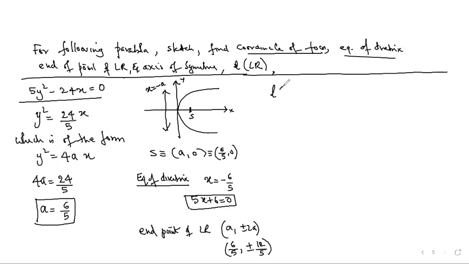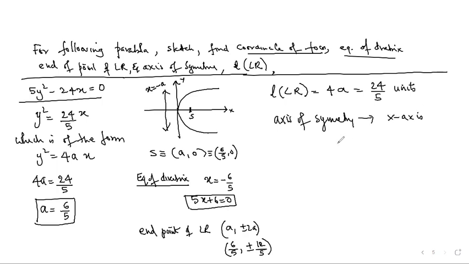Then length of the latus rectum, which is 4 times a, which is nothing but this coefficient, 24 by 5. Then units. Then axis of symmetry. Which is the axis of symmetry? X-axis. What is its equation? Y equal to 0.